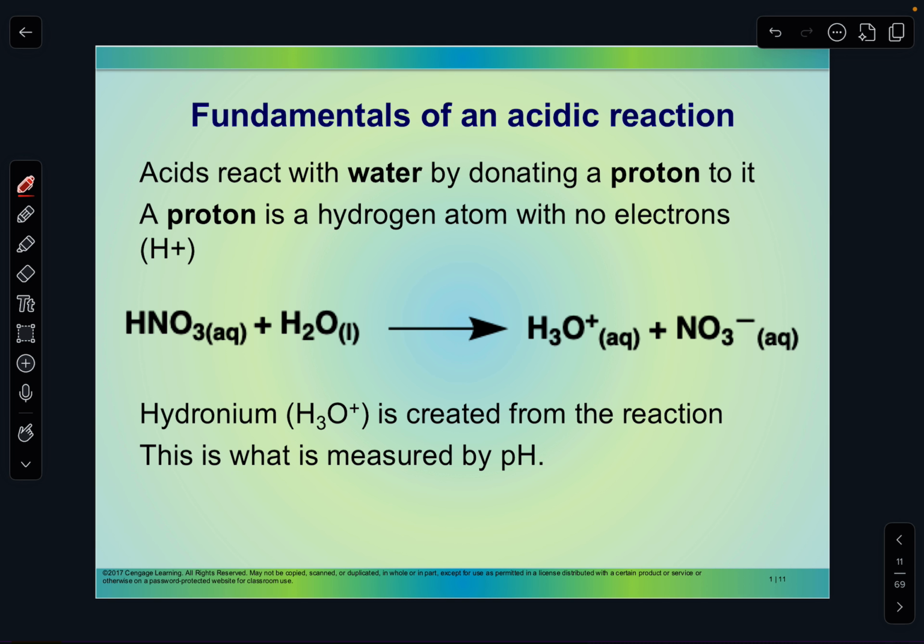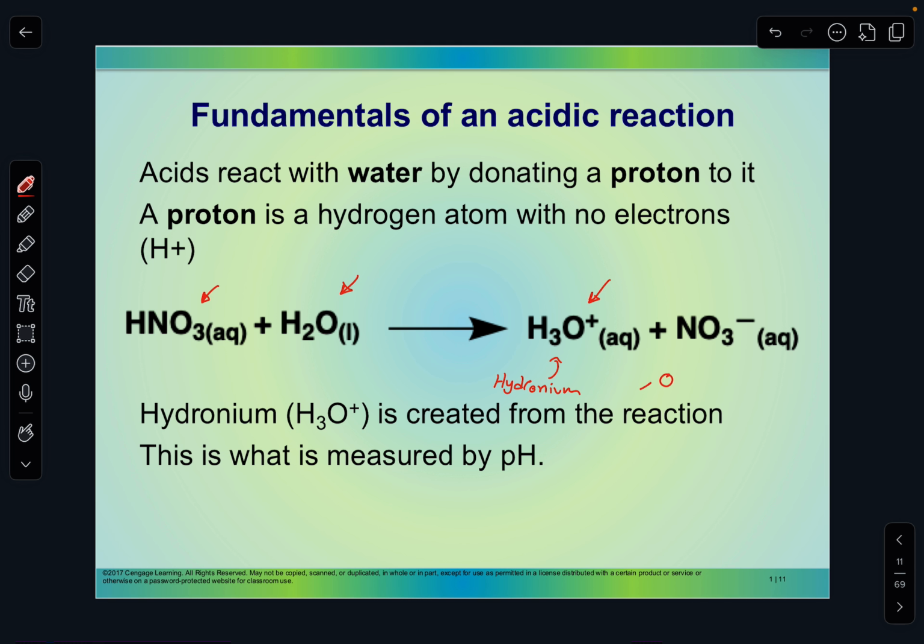And so if we want to dive a little bit deeper into what acids do, this is what happens. So when you react a strong acid with water, that proton is going to go to the water and make this. This is called hydronium. And it looks like this.